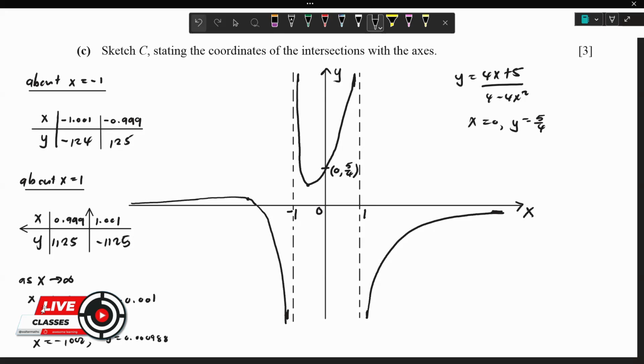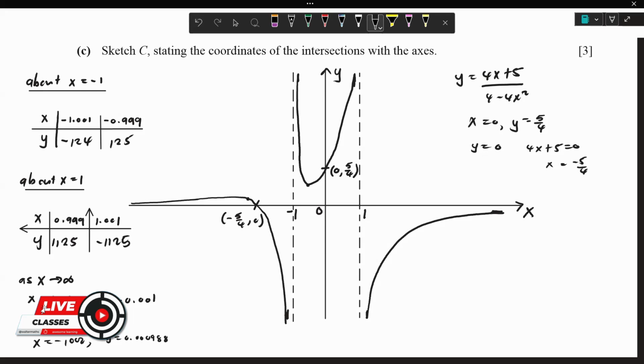And when y is 0, then 4x plus 5 should be equal to 0, so x will be minus 5 over 4. So this point is minus 5 over 4, 0. I just need to focus on the axes, I don't need to focus on the turning points.